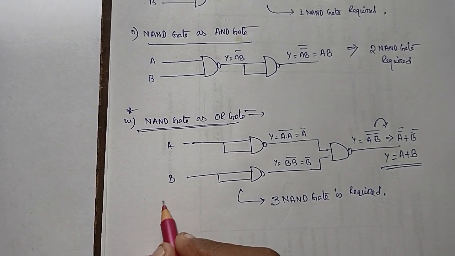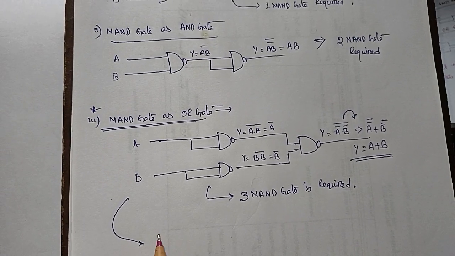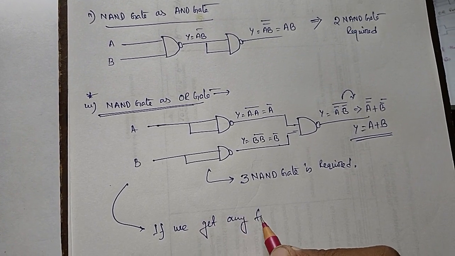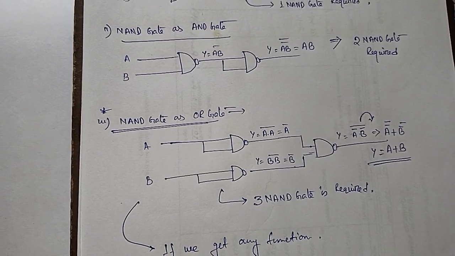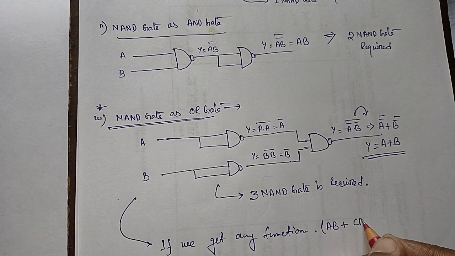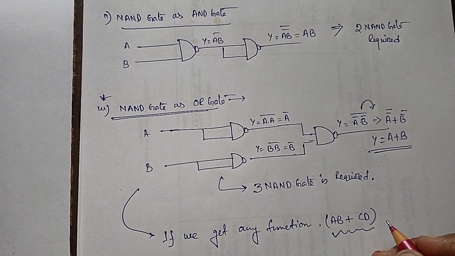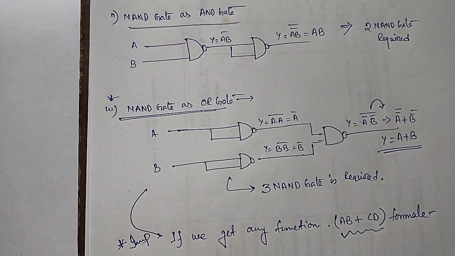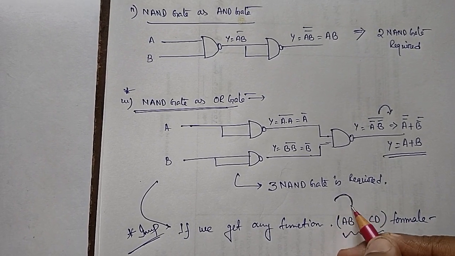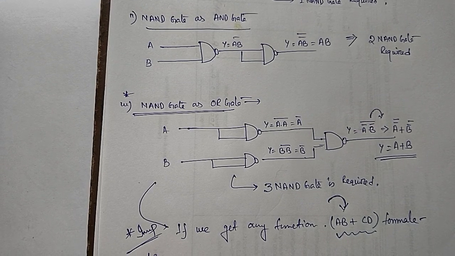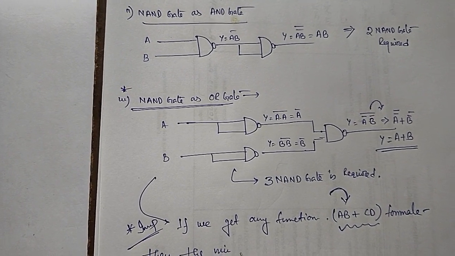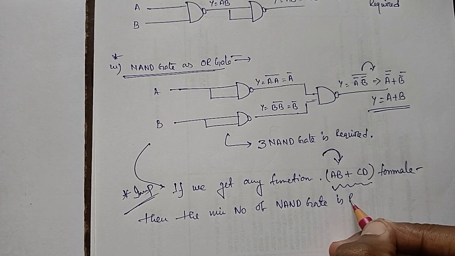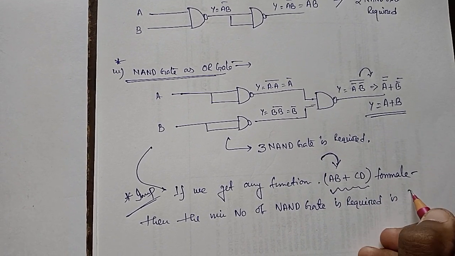So this should be memorized. If we get any function and we implement it in the AB plus CD format, which is very important, then the minimum number of NAND gates required is 3.